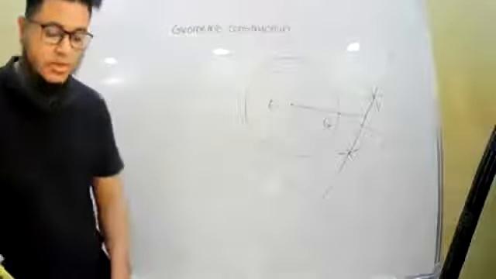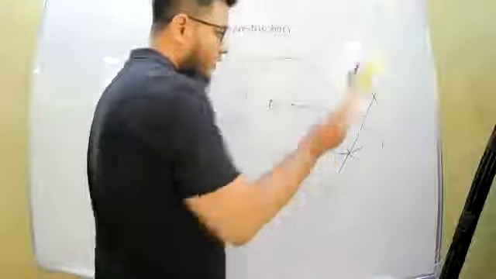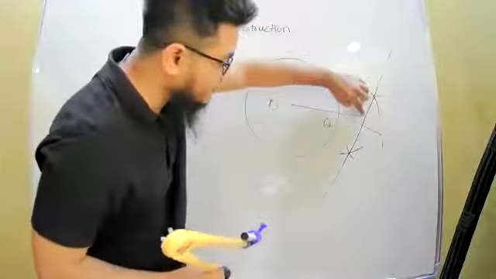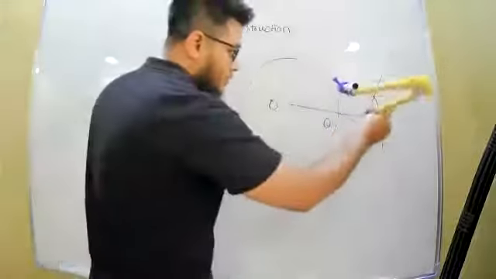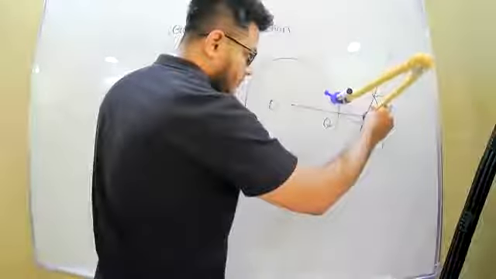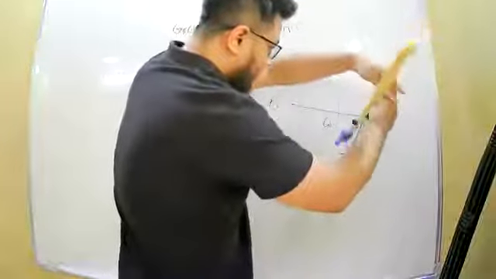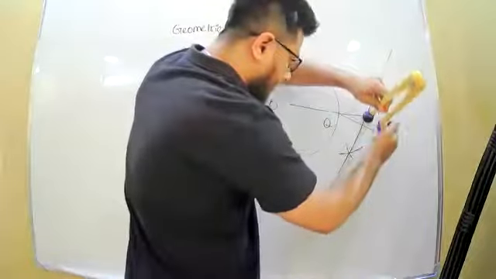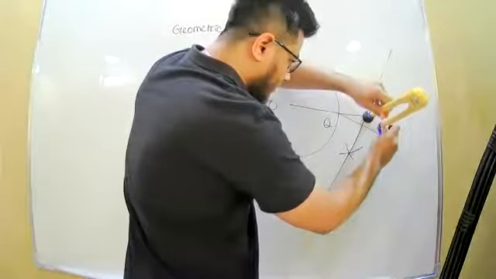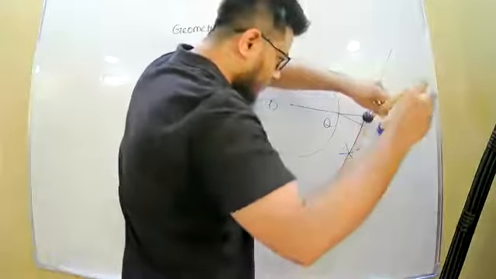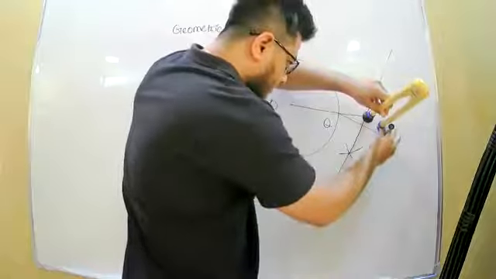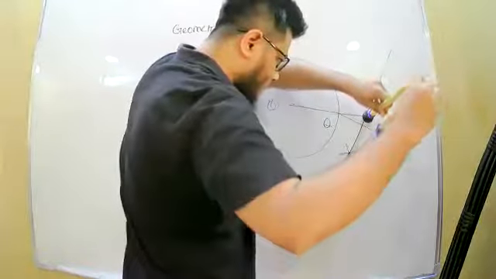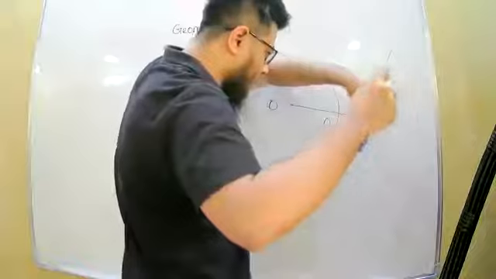Let us see how we can do that. Okay, as I said, this is the center of the circle, so we will put it here. Okay, and we will take the distance to P as the radius, or you can take the distance to Q as the radius also. Okay, so putting it here, you can draw a circle.